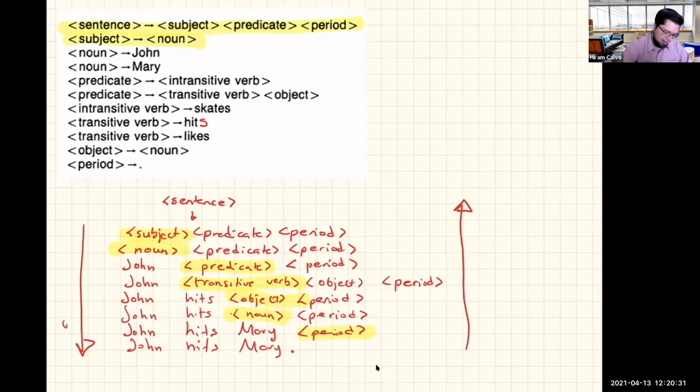So we will write here generation, because we are generating a sentence, or recognition. It's exactly the same, just what changes is the order of rules being applied.